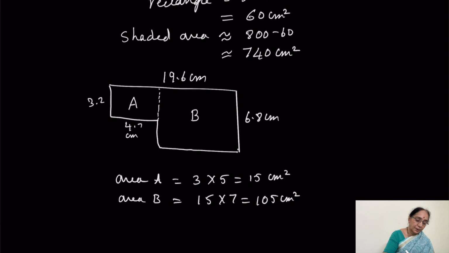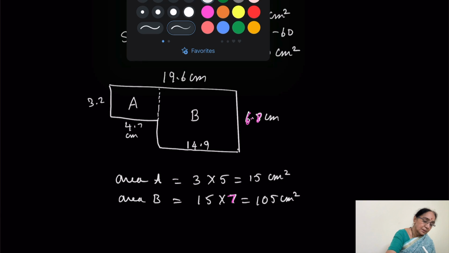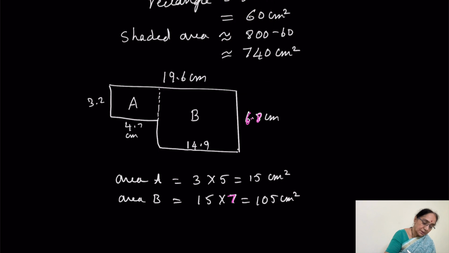The 6.8 has been rounded to 7, the closest whole number, and the length, 14.9, I took as 15.